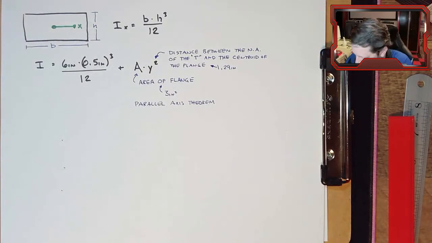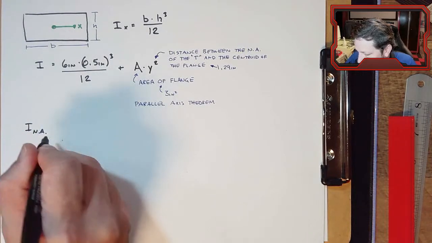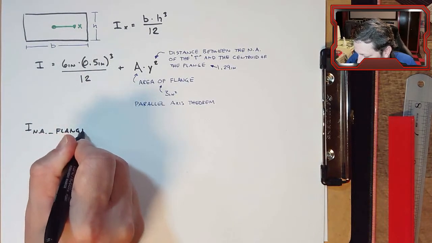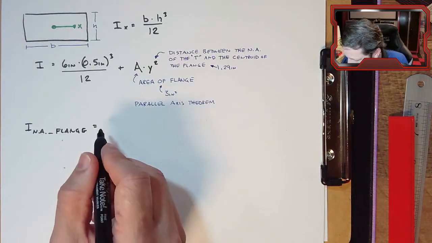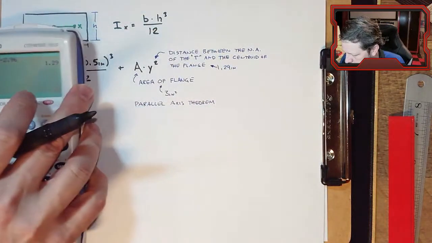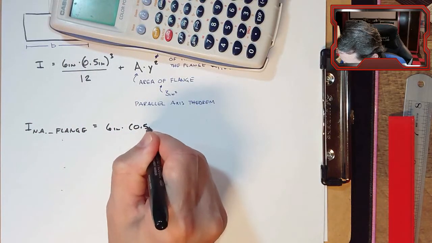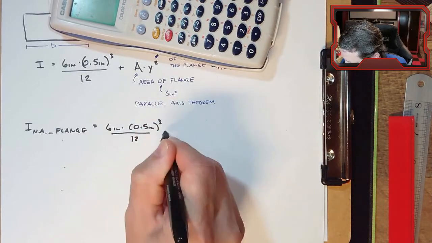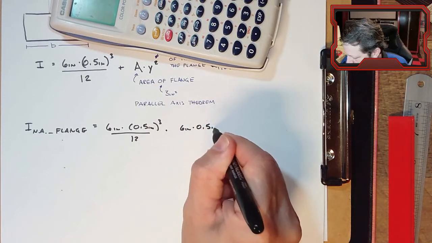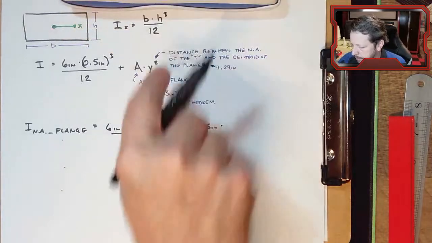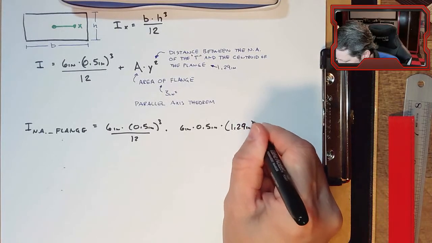The moment of inertia about the neutral axis of the T for the flange equals, and you don't have to write all these different little subscripts, I'm just trying to make it clearer, 6 inches times 0.5 inches cubed over 12, plus the area, which is the base of 6 inches times the height of half an inch, times the distance between the two axes, which we said was 1.29, squared.